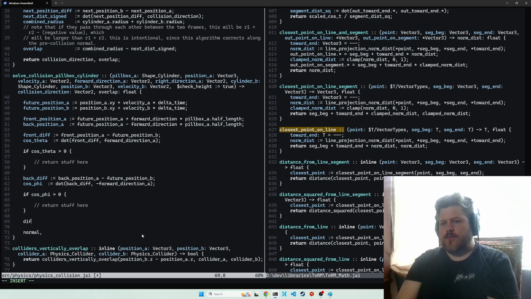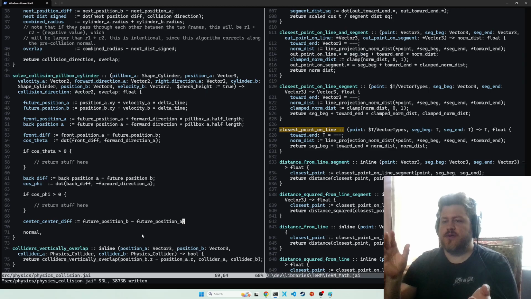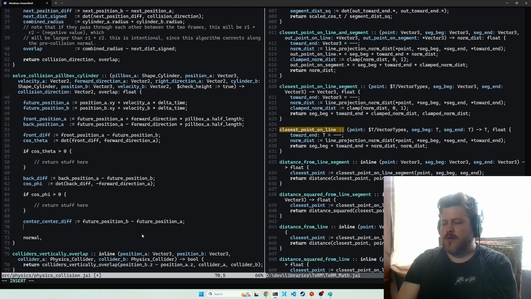So, this is just going to be the, to get the distance along the hit normal, if I want the hit normal to be the left or the right vector, I just have to get the dot product of this with the right vector, right? So let's see, right direction.